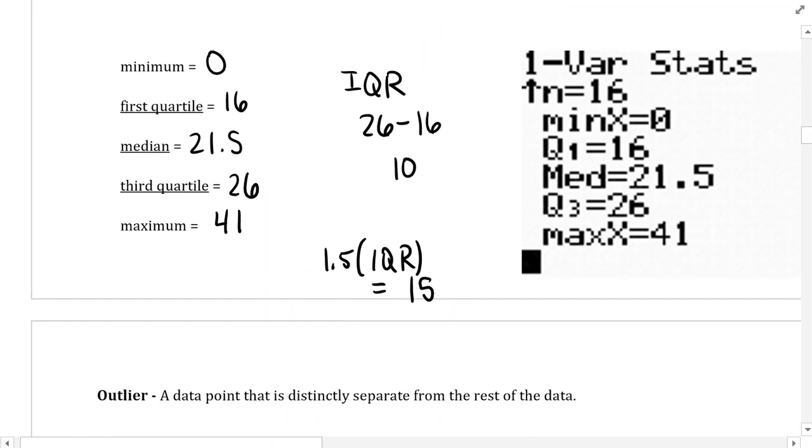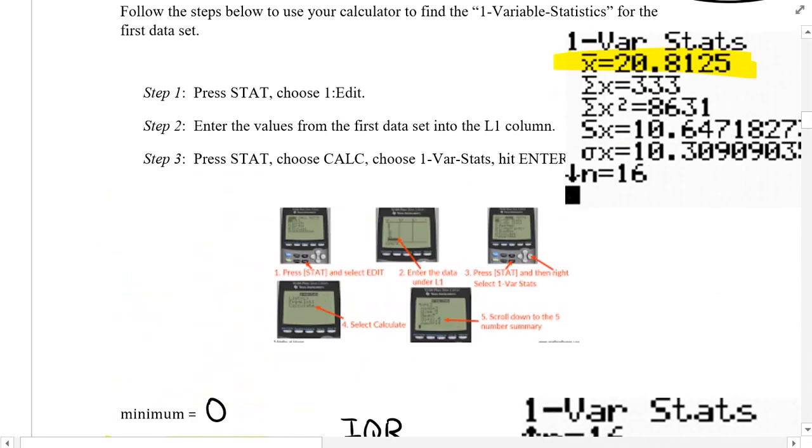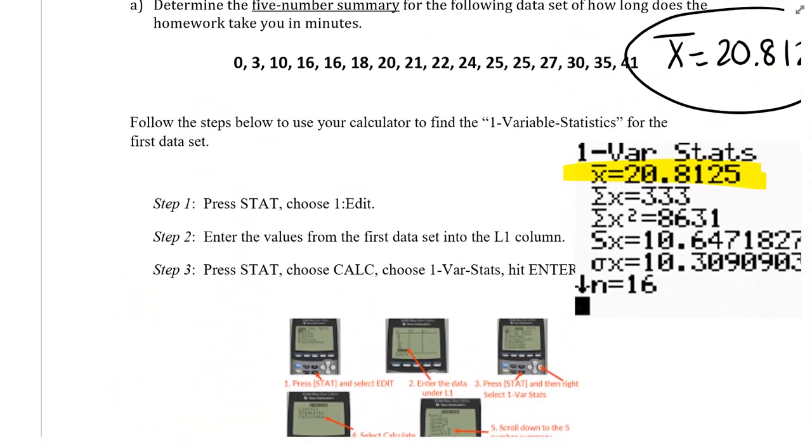So any value that is 15 smaller than 16, our first quartile, or 15 more than 26 will be considered an outlier. So 26 plus 15 gives me 41. So 41 or higher would be an outlier. So this one is an outlier.